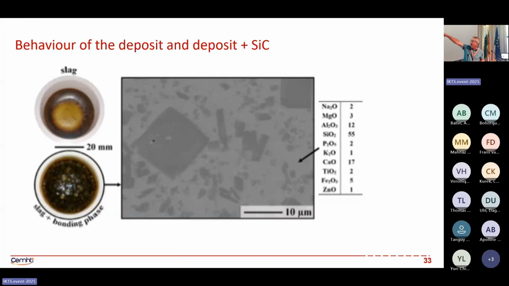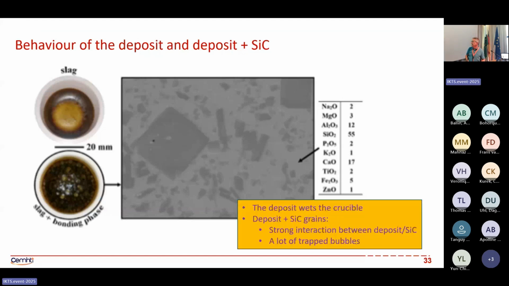We analyzed and we saw different oxides, and we reached the most important conclusion: the deposit wets the crucible, deposit plus silicon carbide grains, strong interaction between deposit and silicon carbide, and a lot of trapped bubbles. Normally, if a liquid is not viscous, the bubbles have time to leave. Here, not. We didn't quench the sample, we're just cooling down freely.